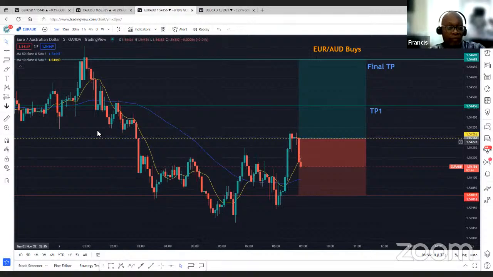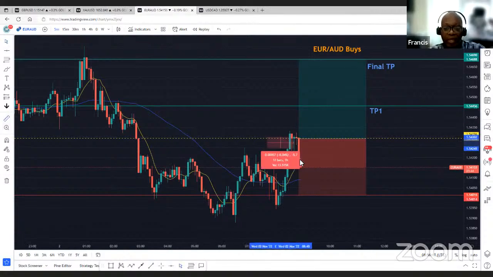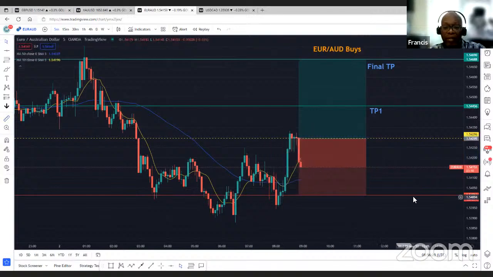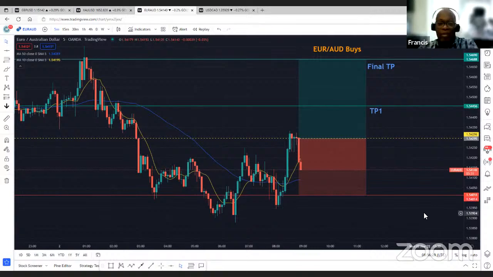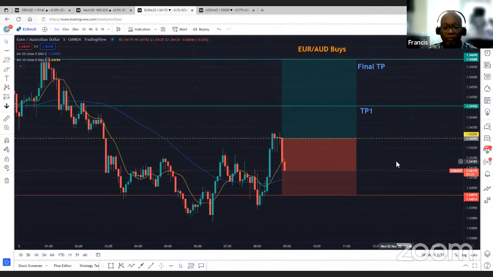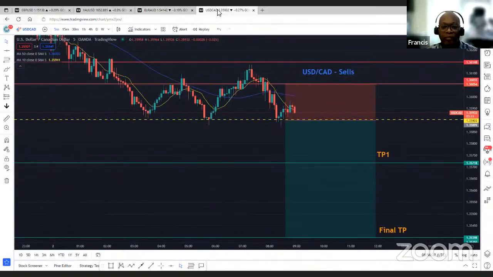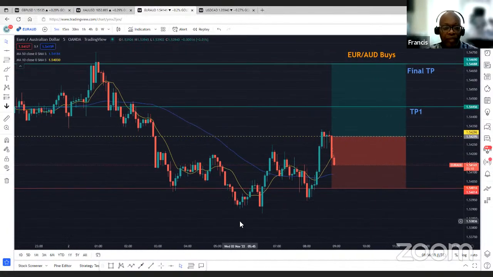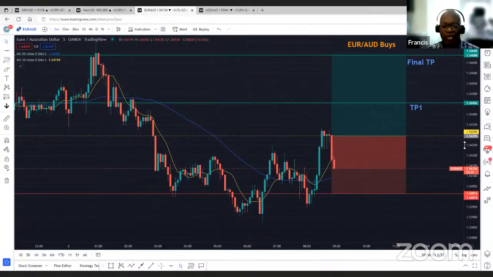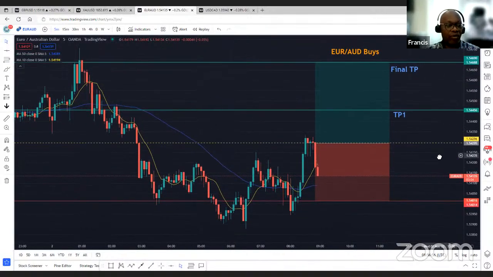That's a big push down. Not liking the way this is pushing down on Euro Aussie CAD.